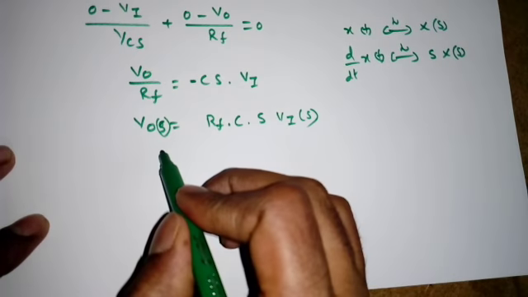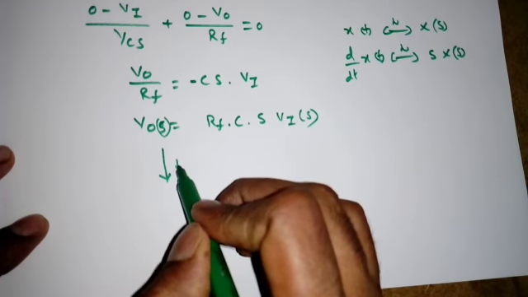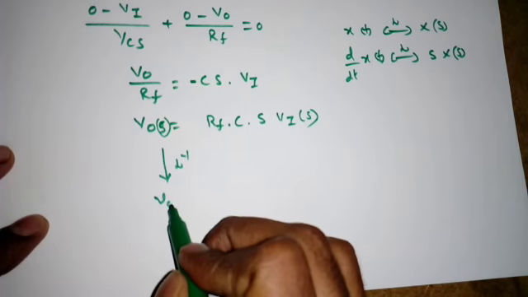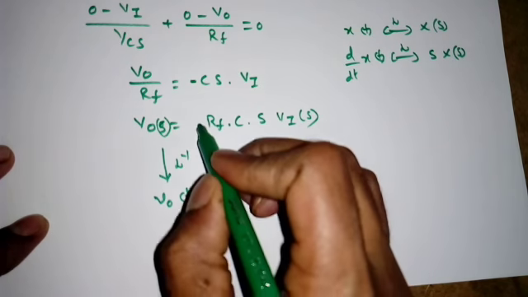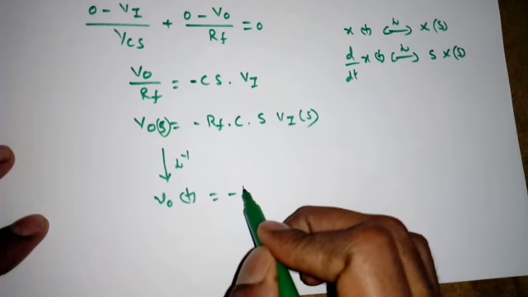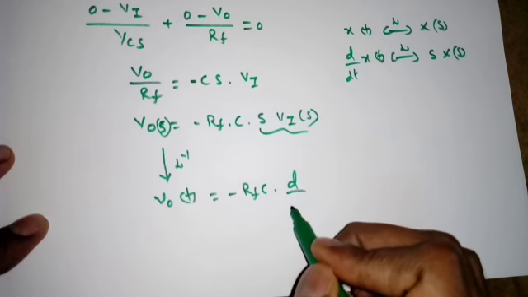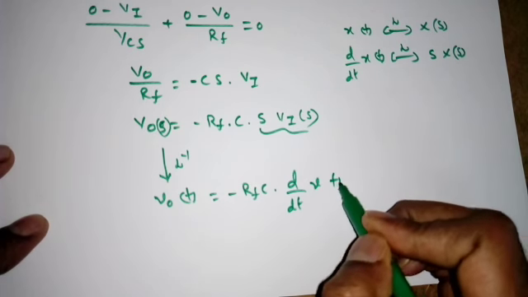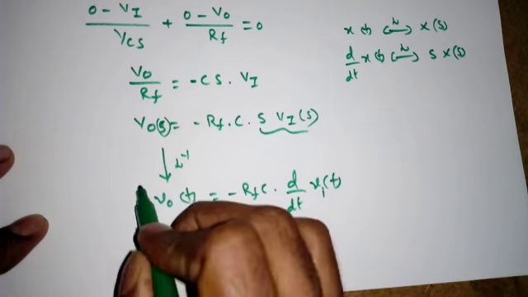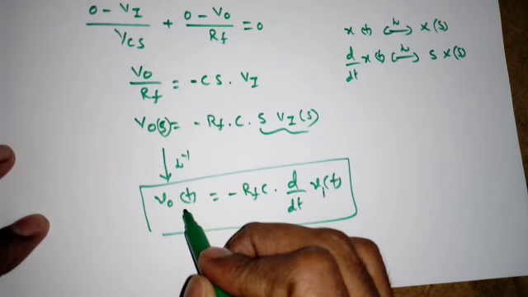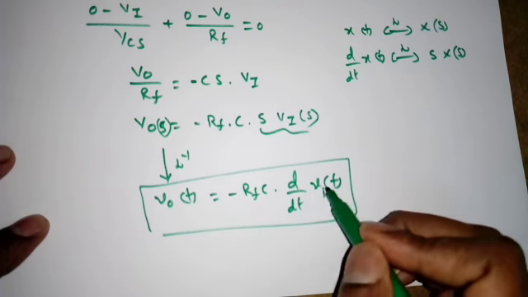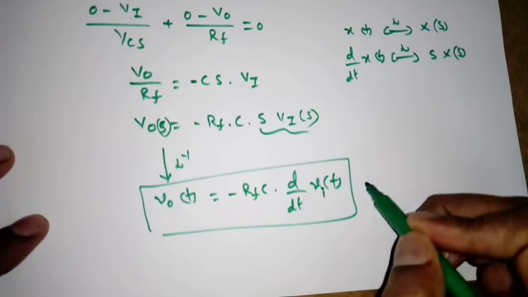Now if I take the inverse Laplace transform here, we will get V0 of t is equal to, again, minus RF into C, d by dt of Vi of t. So again we get the output voltage equal to the differentiation of the input voltage with some parameter.